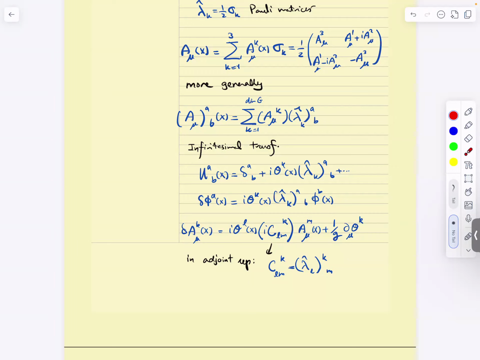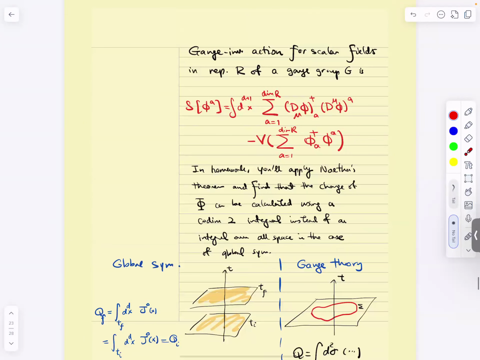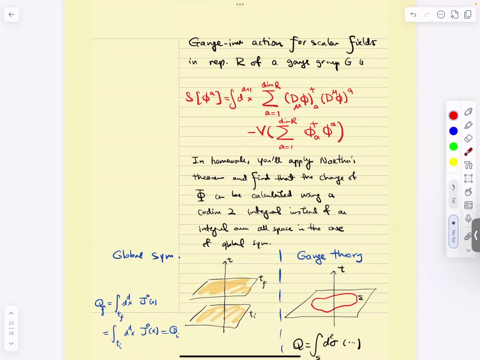Because remember, the goal is you want a bunch of matrices to satisfy the commutation relation of the Lie algebra. We showed that these guys do. So you could pick them as the matrices. This is the adjoint representation. And it's actually equivalent to a fundamental on the left and anti-fundamental on the right. All right. I'm really behind.